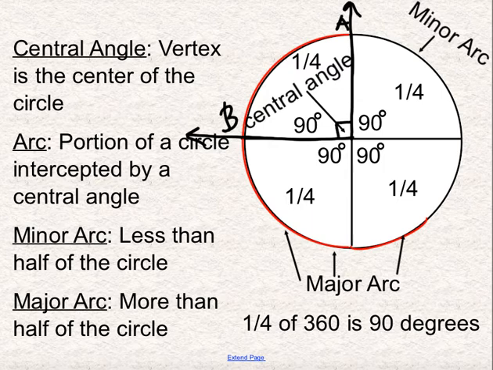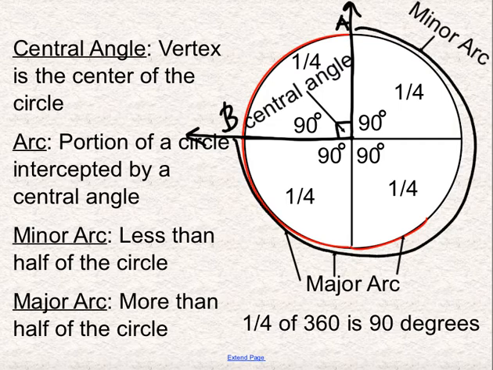Whereas the major arc from A to B has a measure of, well, 360 degrees is in a circle, minus this original 90, so all the way around here, all those 90s together, it would be 270 degrees. So our minor arc there is 90 degrees, whereas our major arc is 270.